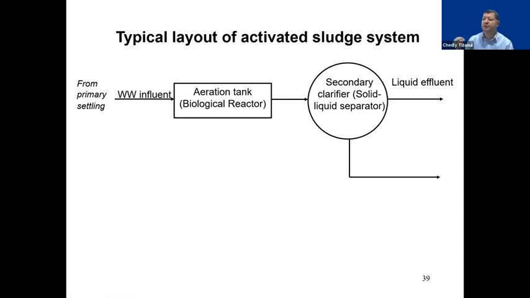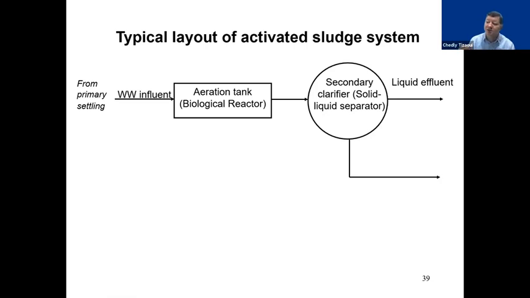No, it's a mixture of solid materials in water. Generally, the water is in much higher proportion than the solids, but it's a highly concentrated mixture of solids. And those solids are made of microorganisms that are still alive, still happy to eat more food, more organic matter in the wastewater.